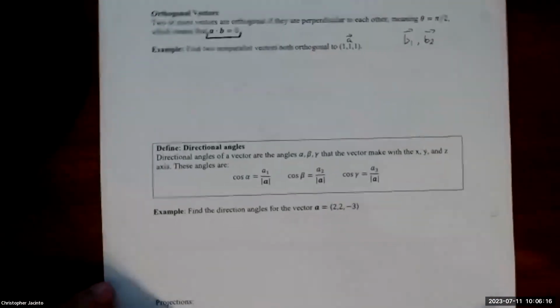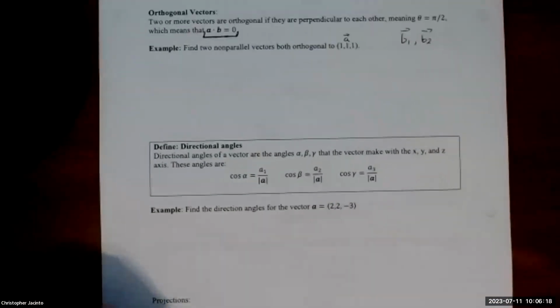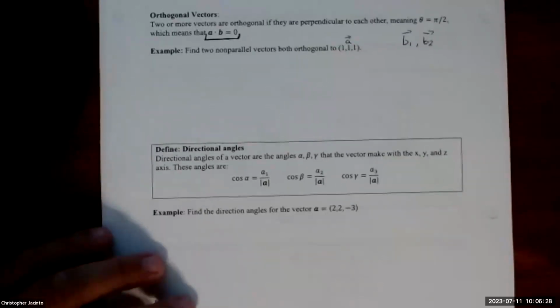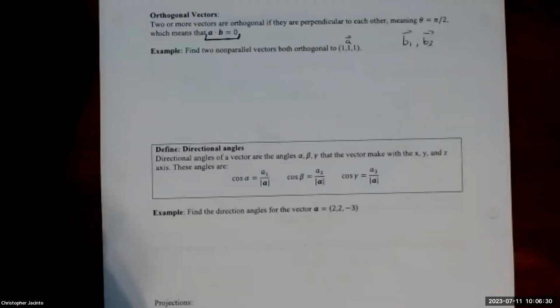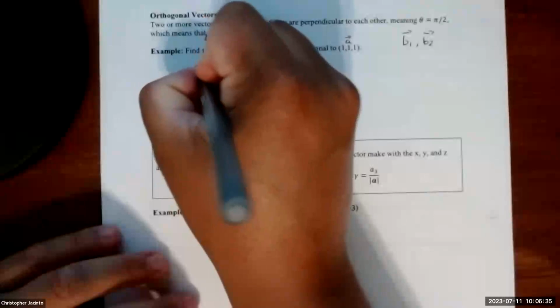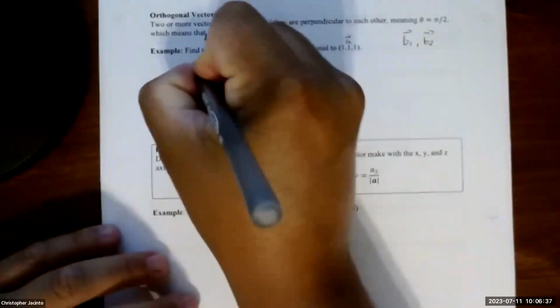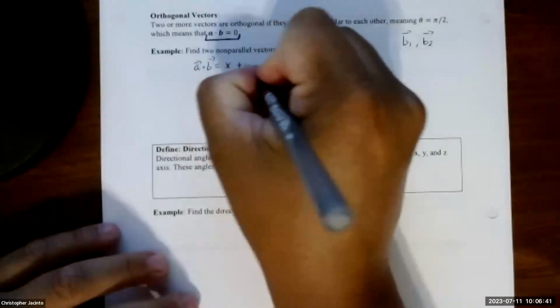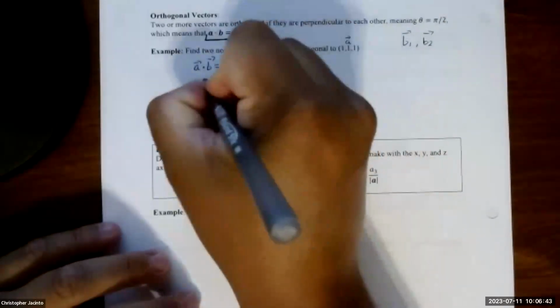So we consider our terminal point as 0, 0, 0, that are orthogonal to this point here, but also non-parallel to each other. Well, let's go back to what we know. We know two vectors are orthogonal if the dot product equals 0. So in other words, A dot B is X plus Y plus Z equals 0.